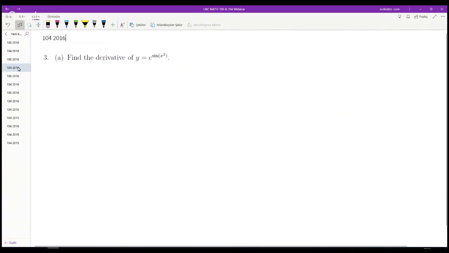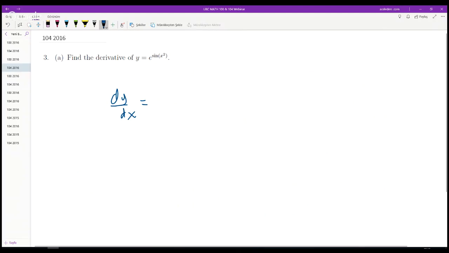And find the derivative of y equals to e to the power sin x squared. So this is a classic chain rule question. So I will be very quick about this one. So dy over dx. First, if you are having a difficulty with chain rule, think of it like that.